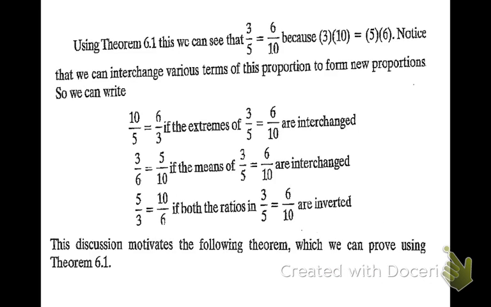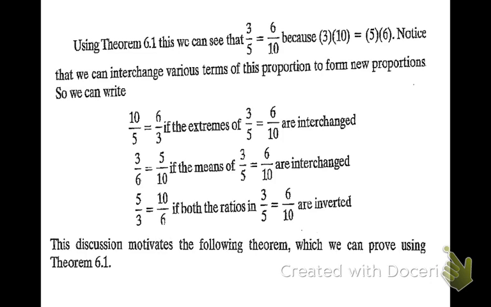Now, using theorem 6.1, we can see that 3 over 5 equals 6 over 10 because when we cross multiply, they're equal. We can interchange various terms of this proportion to form new proportions. So we can exchange the extremes.